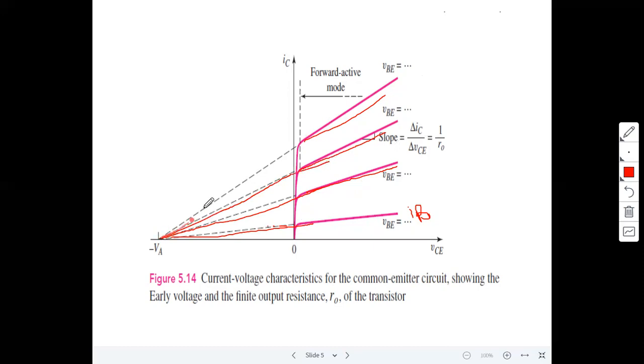It will meet at one point. That voltage is called the early voltage, minus VA, where VA is the early voltage. Here the slope is delta IC by delta VCE, change in collector current by change in VCE, which is current by voltage, equal to 1 by R naught. This small area is the saturation region; the remaining everything is the forward active region.